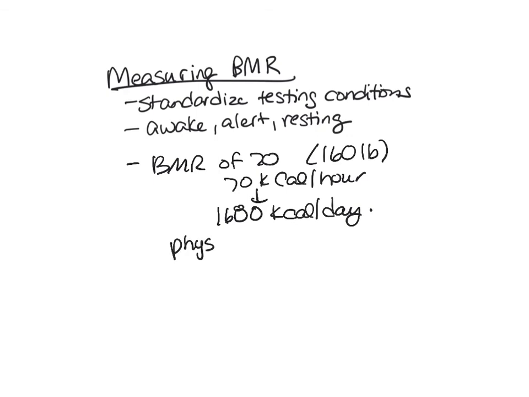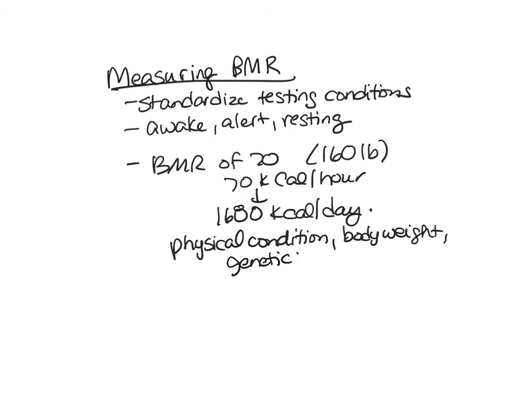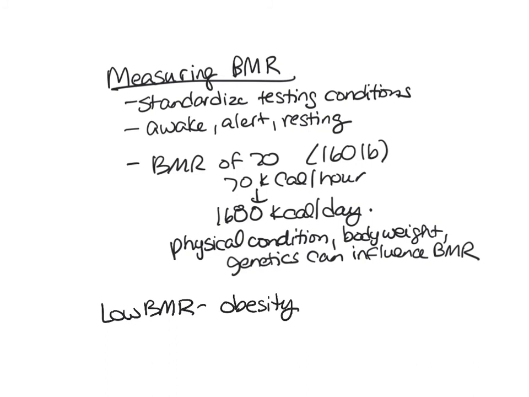Their physical condition, their body weight, their genetics are all things that can influence the BMR. If a person has a low BMR, they may develop obesity. Obesity is when a person has 20% more body weight than normal.